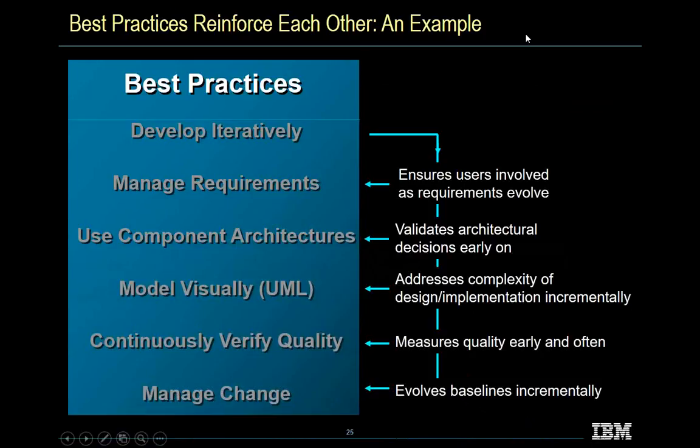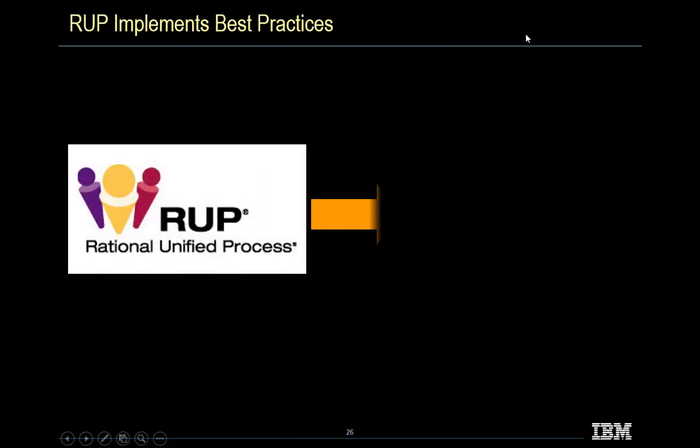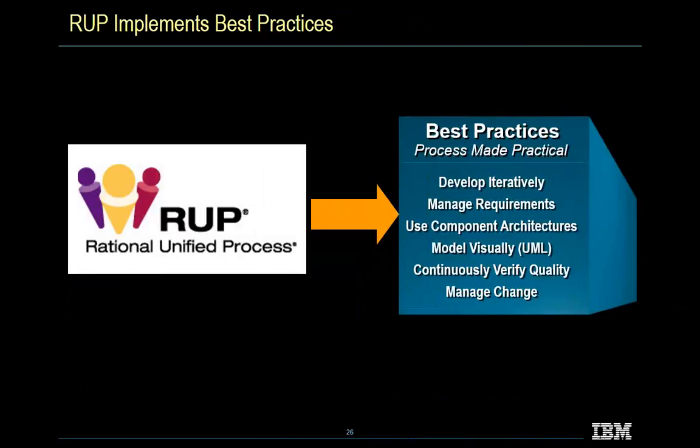Some of these are very important indeed. Talking about the Rational Unified Process, some of the best practices: develop iteratively, manage requirements properly, use component architecture, model visually with UML. We talk about five of them. Continuously verify and perform quality and manage changes.